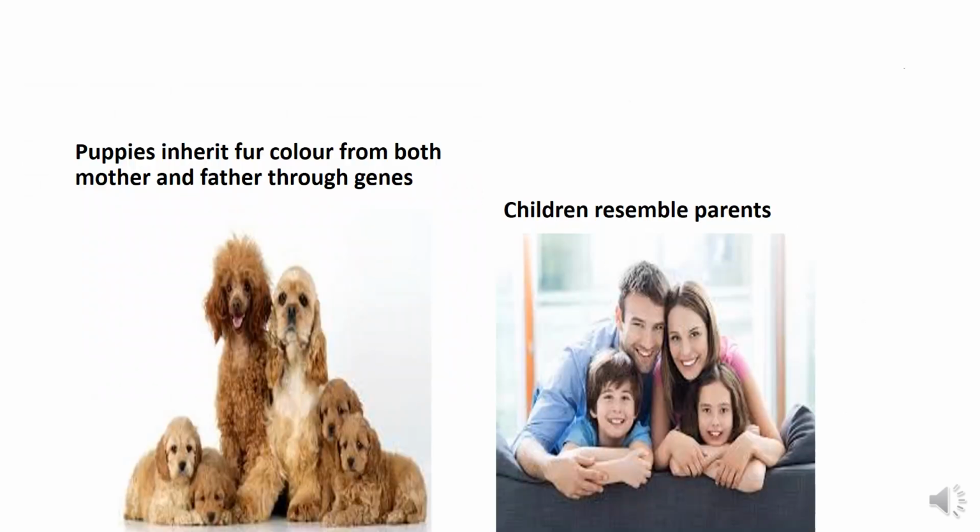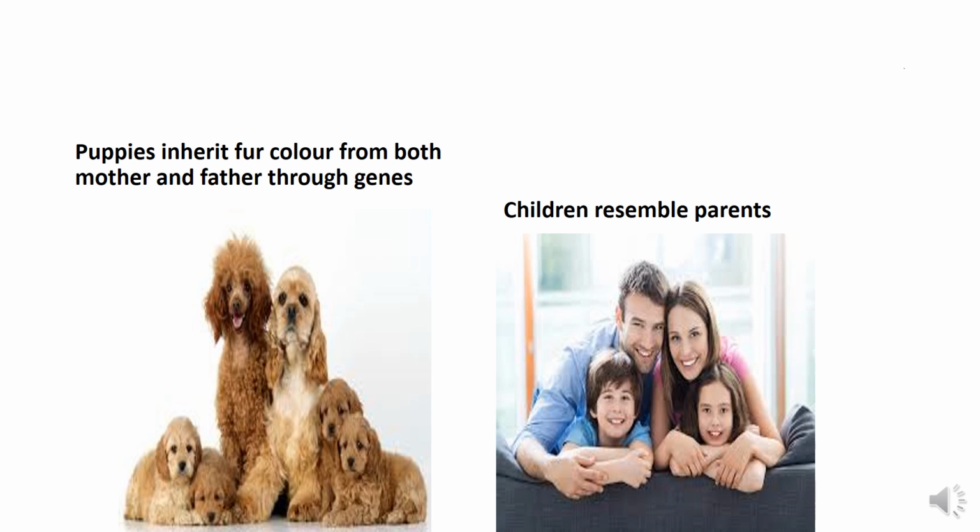When you compare your features with your parents, don't you think that you have resemblance? Observe these puppies. They have dark fur and light brown fur, the feature inherited from their parents.